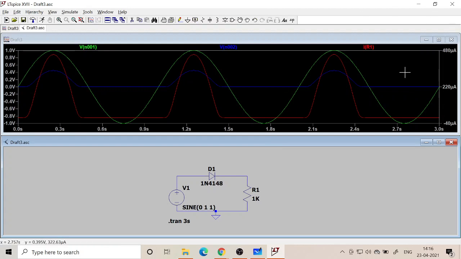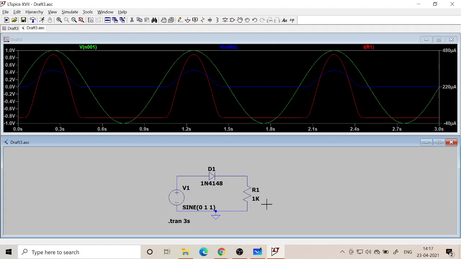So if you look here, current is somewhere around 400 microampere. Now you can calculate this current roughly. There is a 0.7 drop, or I think 0.6, right? If you look at the difference, it is 1 minus 0.4, so it's around 0.6 for this particular diode. So you have a voltage of 0.4, and if you divide 0.4 by 1 kilo ohm, voltage divided by resistance, that gives you the current.